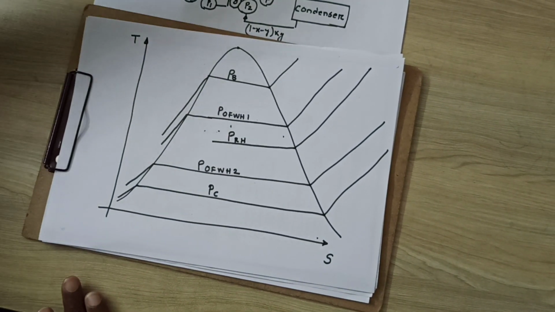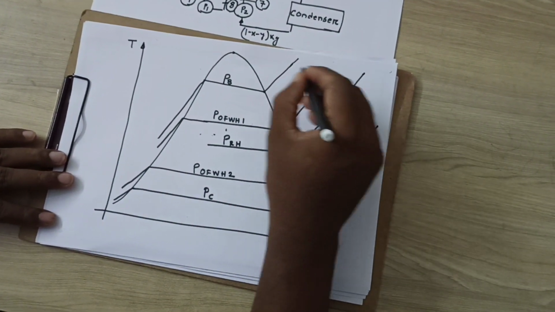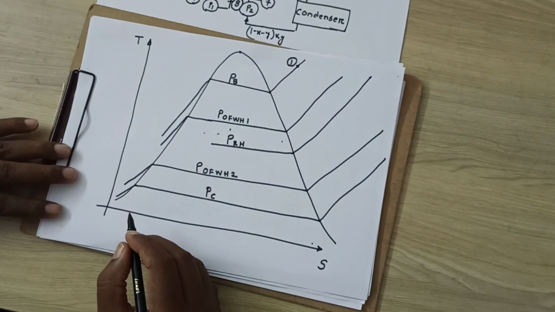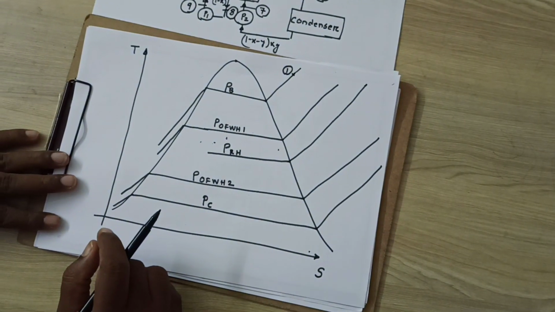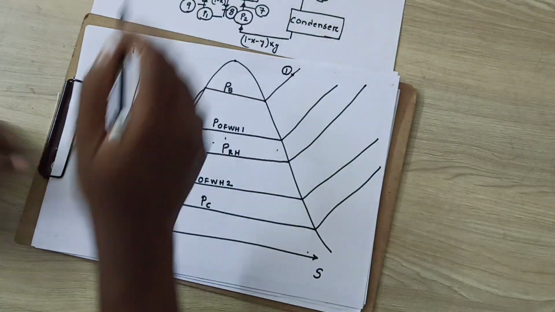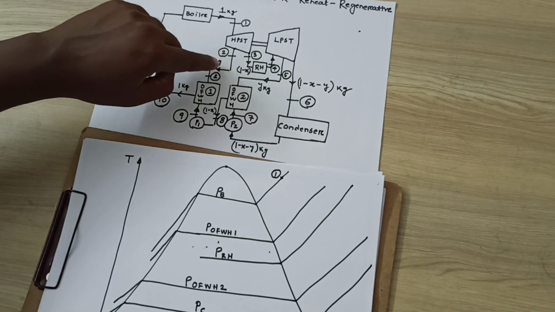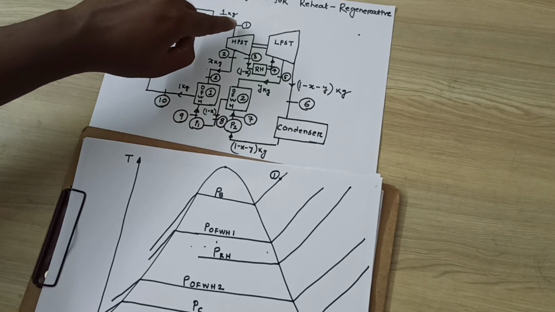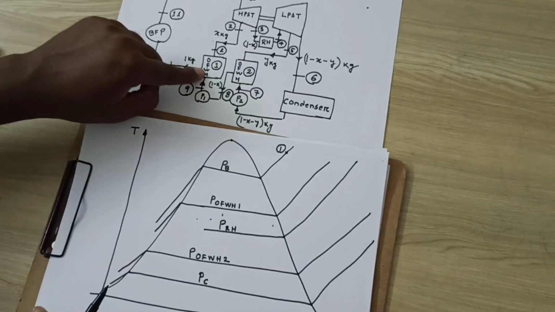Okay, so the input will start from state 1. Let state 1 be here, high pressure superheated steam. Here it is expanding to state 2. The 1 kg of steam is expanding up to state 2, which is of your OFWH1. You mark here that state 2 is on the pressure line of OFWH1. So isentropic expansion from state point 1 to state point 2 of this OFWH1.